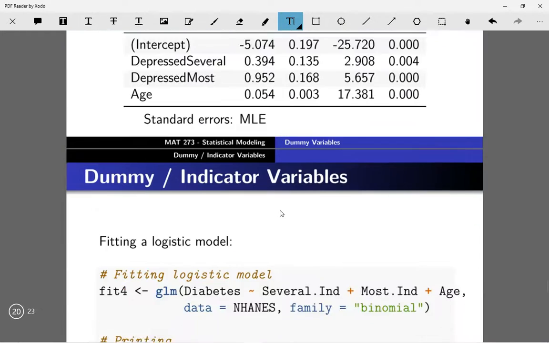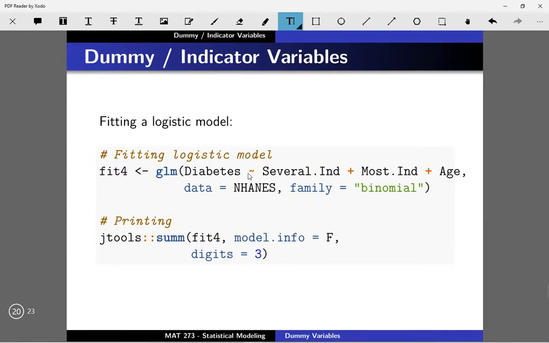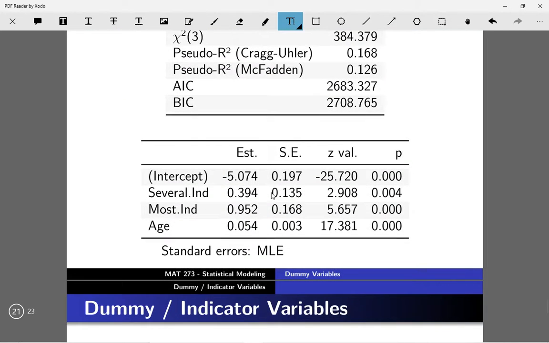Okay. Now if we look at using the indicator variables as separate predictors in our model, where they're all just continuous predictors here, we actually get the exact same output again. So just like before with the sex of a person, we could use an indicator variable instead of that character predictor variable, and we get the same result.